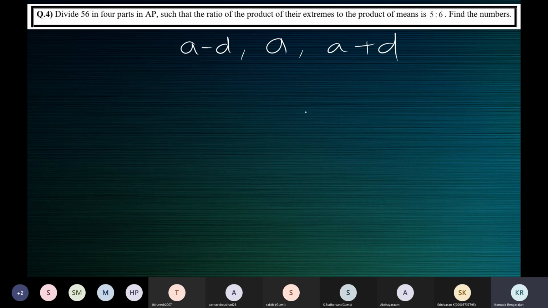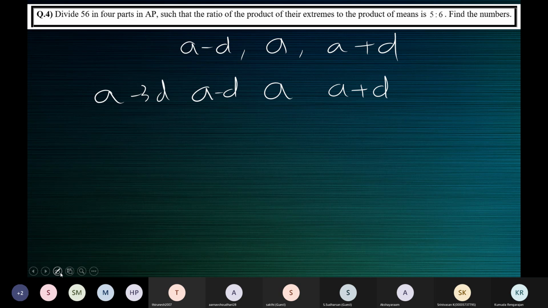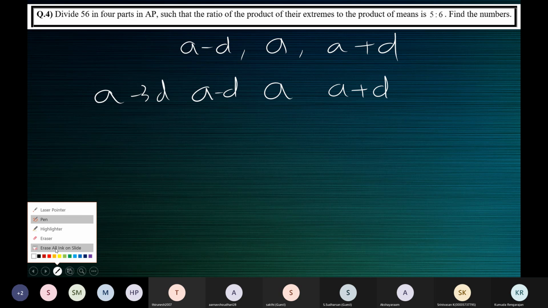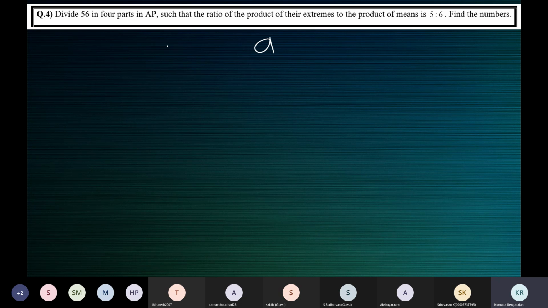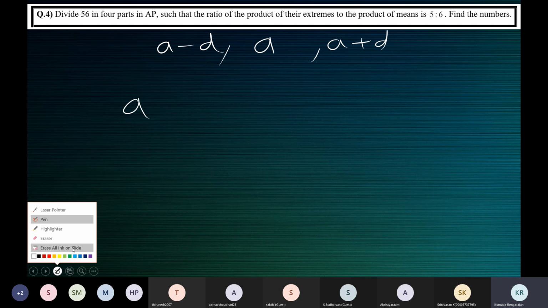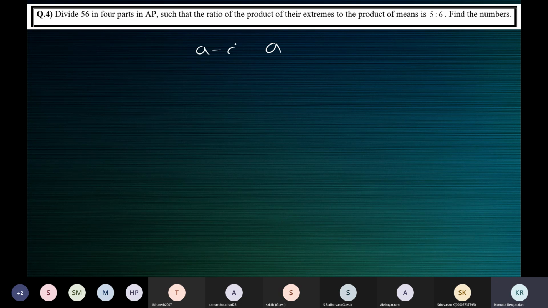Now suppose you'll have to find 4 terms in AP, that is, the AP has only 4 numbers. I'll write all the numbers so that I can tell you more conveniently, children: A minus D, A minus 2D, A minus 3D, A plus D, A plus 2D.